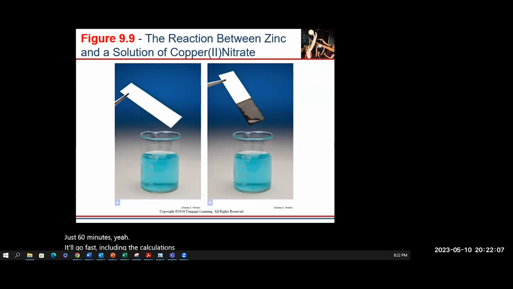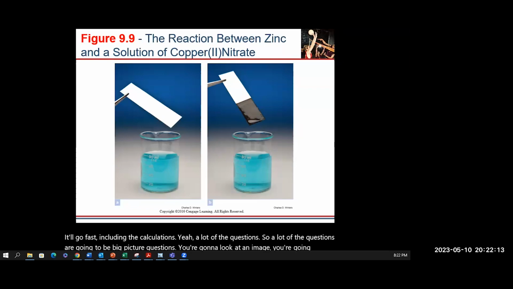Yeah, a lot of the questions are going to be big picture questions. You're going to look at an image and say, is it a mixture? Is it a homogeneous solution? Is it a gas? Is it a solid? There are going to be other questions with calculations. On average it's about a minute per question.